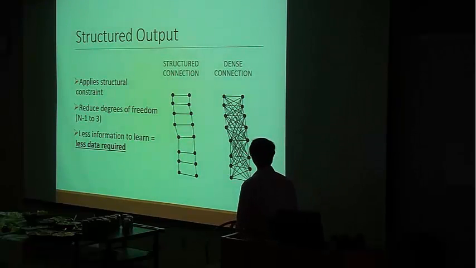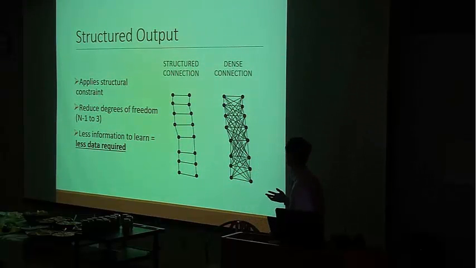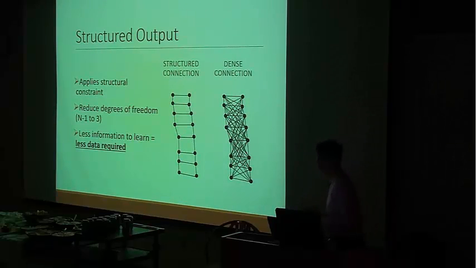So in this case, instead of having each landmark be connected to all the other landmarks, we only want to constrain the landmark to be affected by the landmarks beside it. And in this way, you essentially reduce the degree of freedom from n-1 down to 3. This means that less information is required to be learned, meaning that you would require less data for the same accuracy.